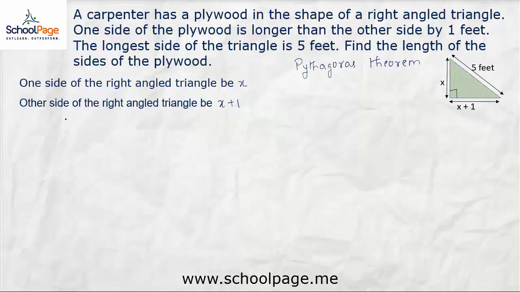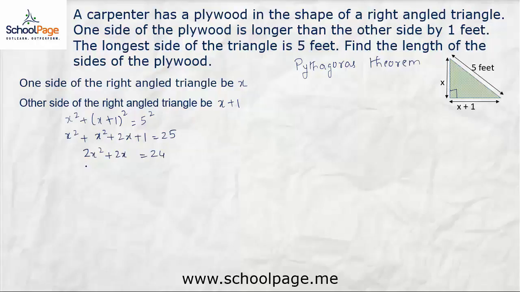So we can write the equation as x² + (x + 1)² = 5². That means x² + x² + 2x + 1 = 25. 2x² + 2x is equal to 24.